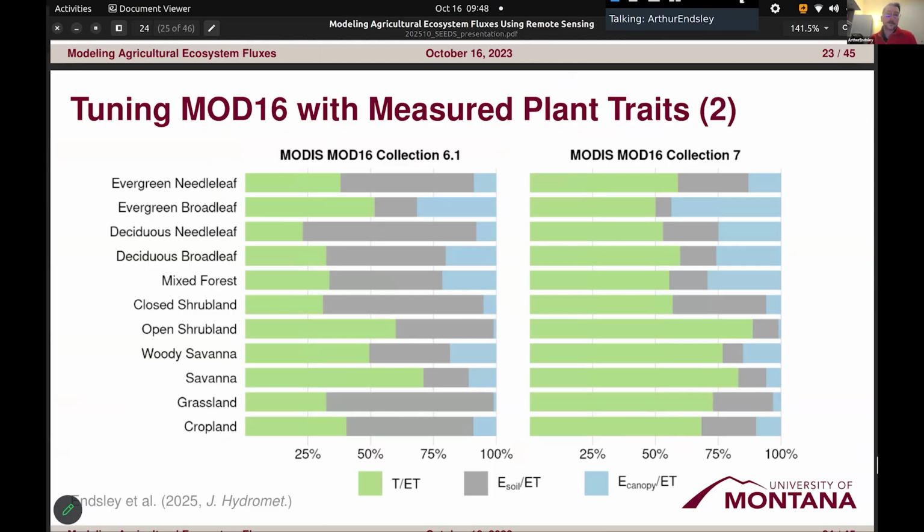And so we don't tune those fractions, but when we incorporate these plant traits, we notice that we see improvement. So on the left-hand side here, this shows the previous version of MODIS Mod 16, which was known to overestimate soil evaporation and underestimate transpiration. And you can see that there's the gray bar.